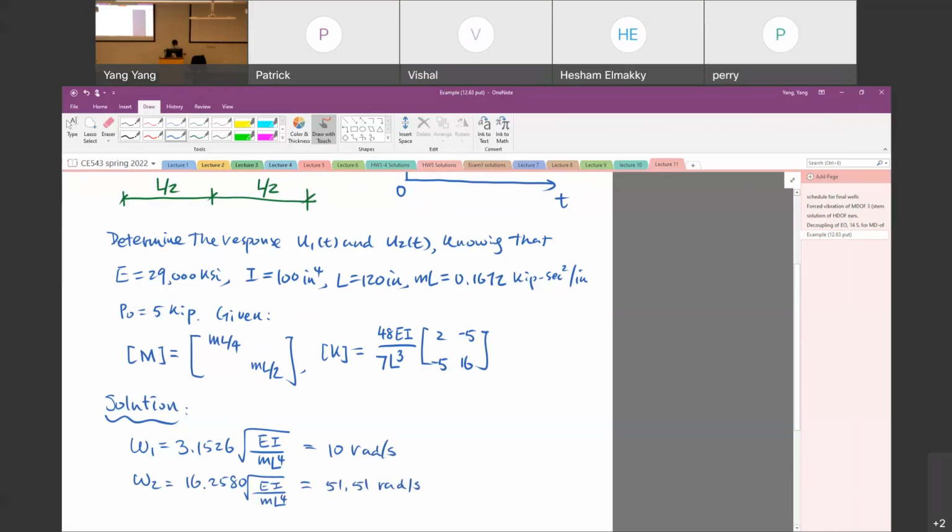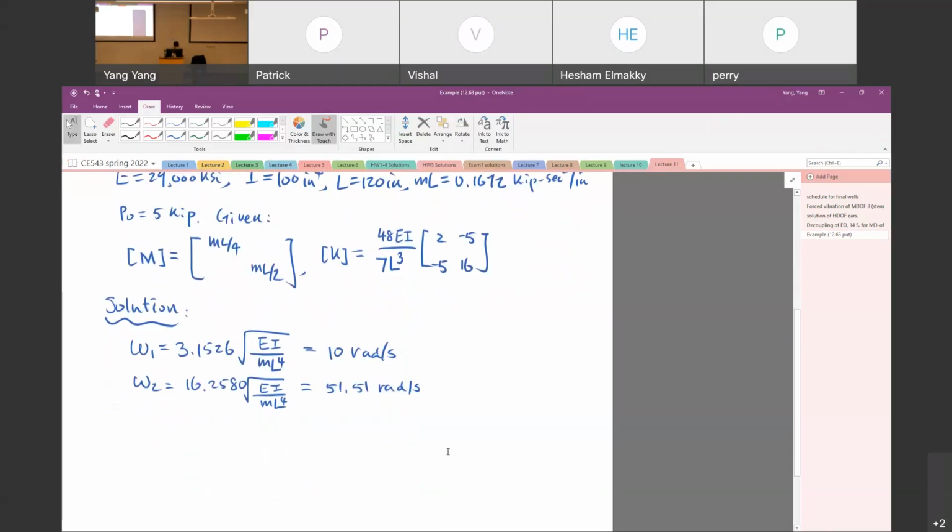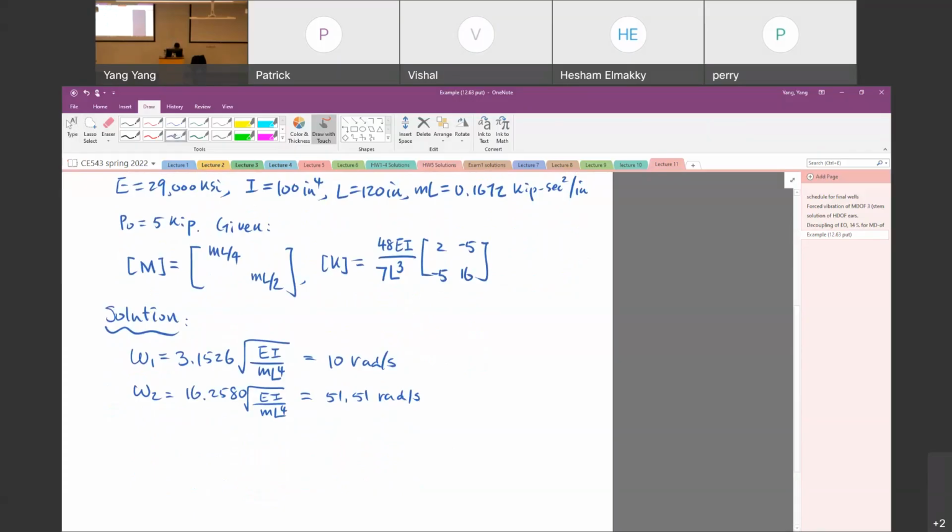So based on the natural frequencies, we should be able to get the first modal shape. The modal shapes here, so that the modal matrix should be equal to.